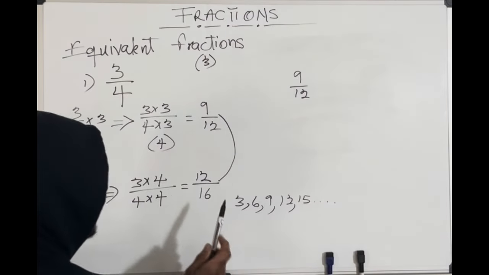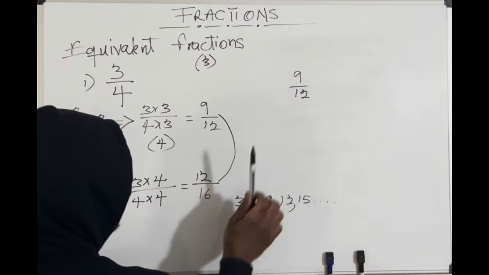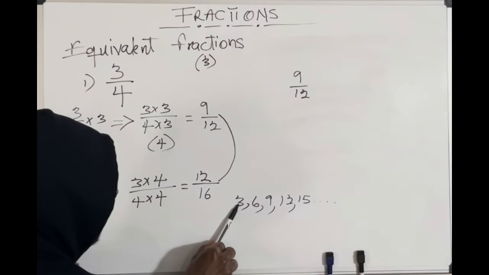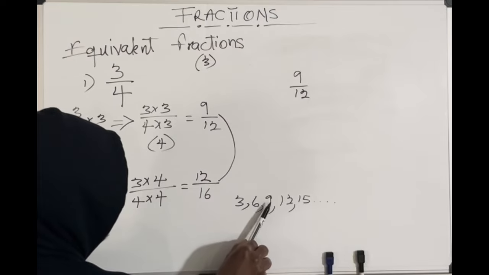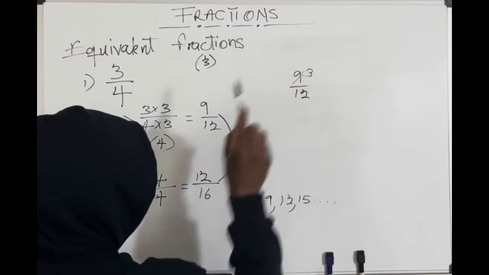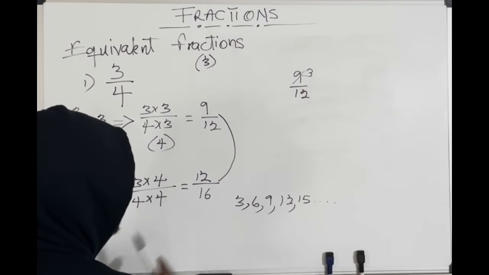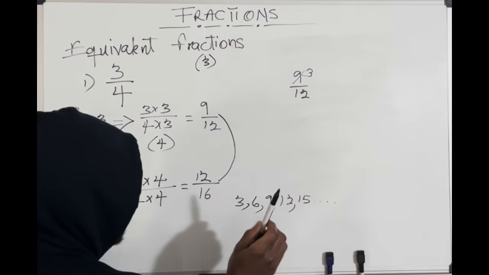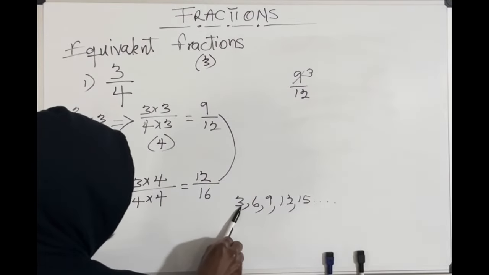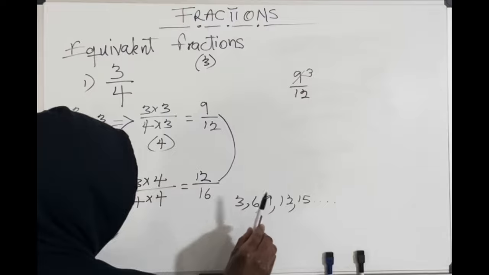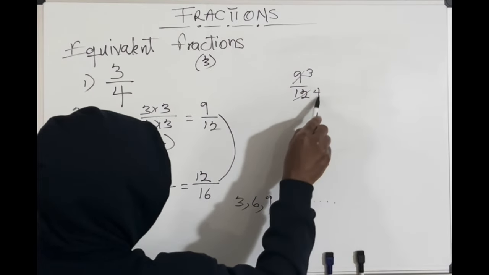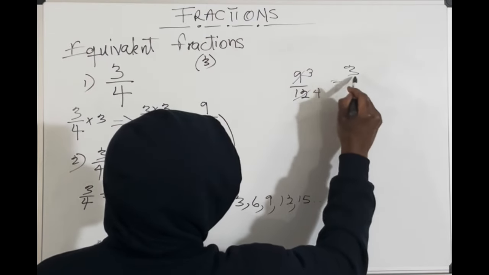So what we mean is one number multiplied by the 3 will give us the 9. So 3 goes into the 9 3 times. And then one number, when multiplied by the 3, will give us the 12. The same way, 3 4s are 12, which is what? 4. We have what? 3/4.